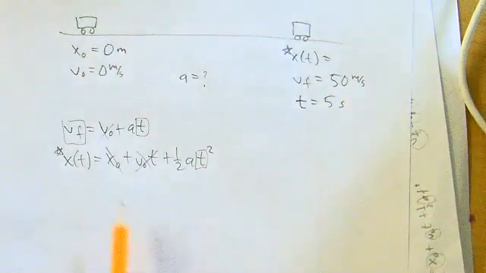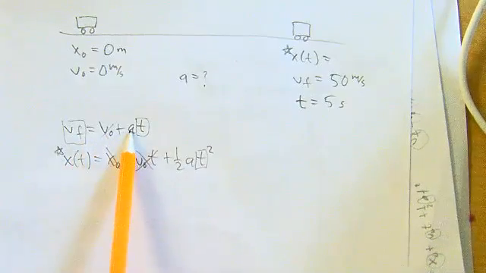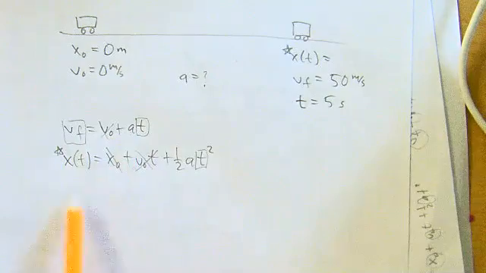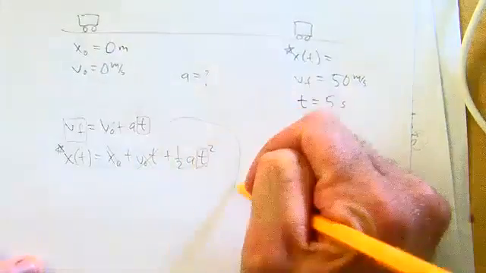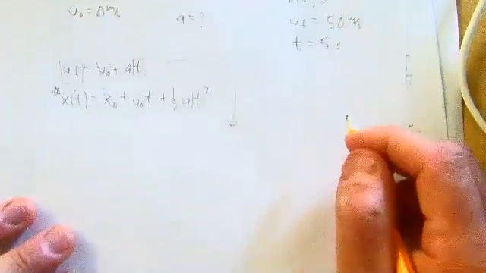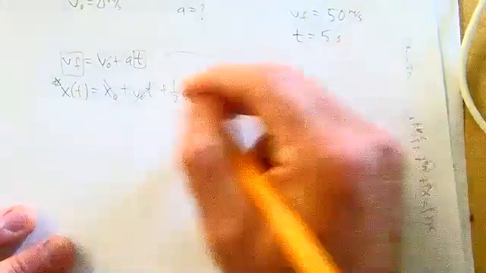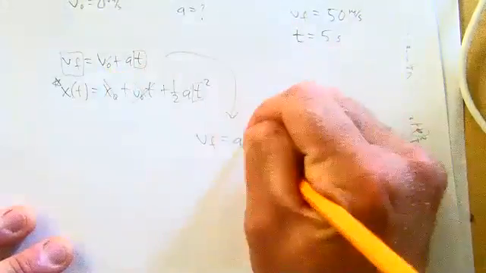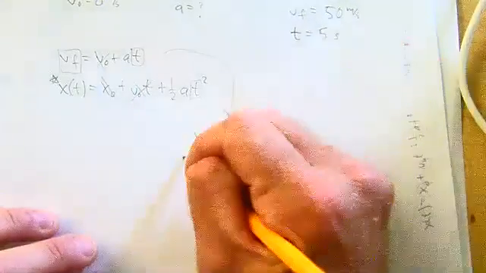Okay. So if you look at here, the only variable left is A, so that's a good sign. We can solve that for A. Here we can't really do anything because we don't know that and we don't know that. All right, so let's go with this one. Again, the V0 is gone. Okay, so plug in 50.